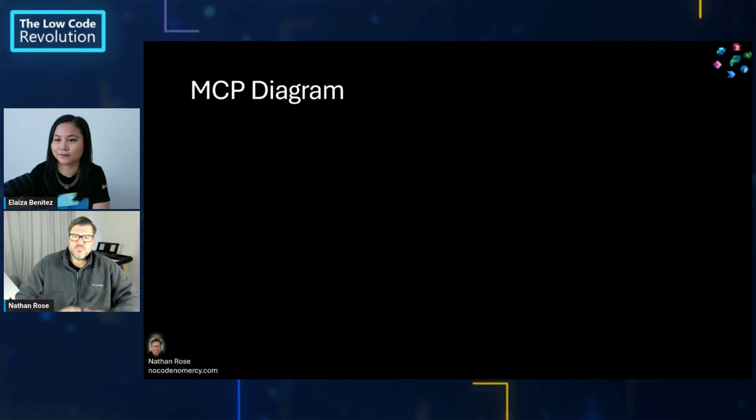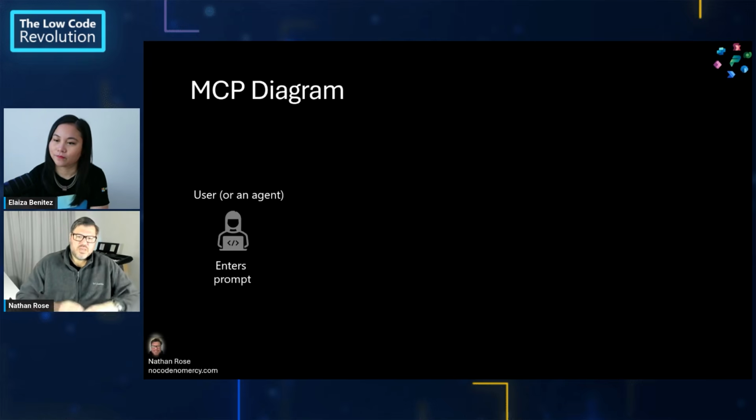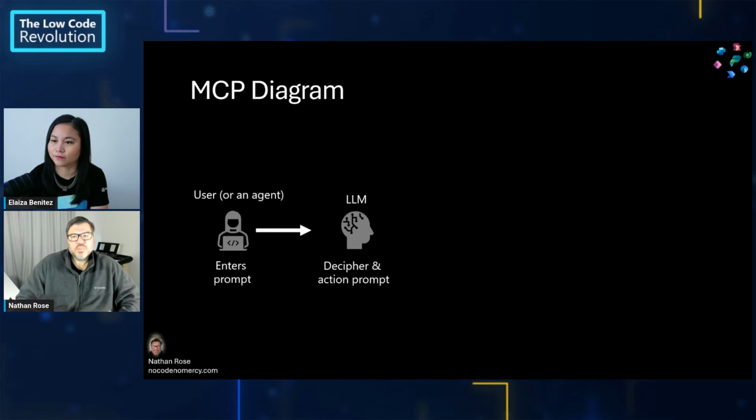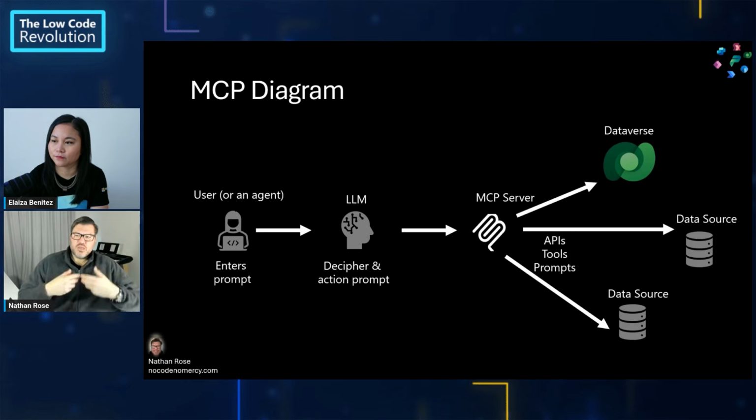To quickly go through a visual explanation of what's going on with MCP, when a user, either yourself or an agent, has a prompt that goes to the large language model, the LLM deciphers it, works out what needs to happen, and when it needs to do stuff, it uses MCP Server and then calls the tools, APIs, and prompts that are available to it.